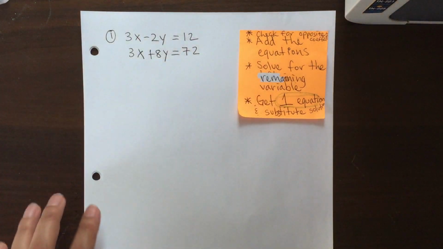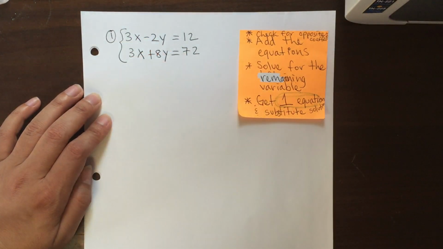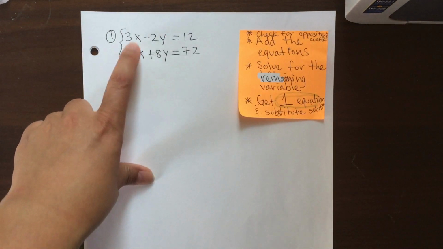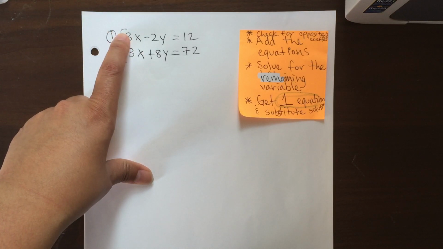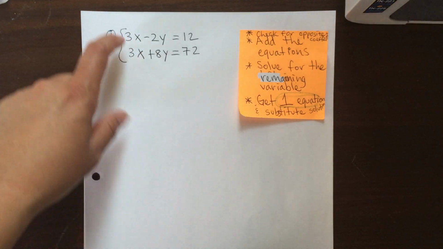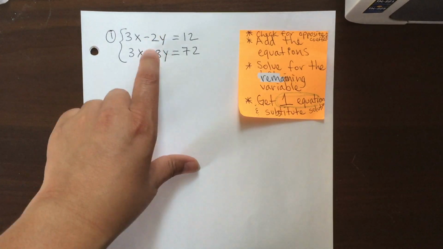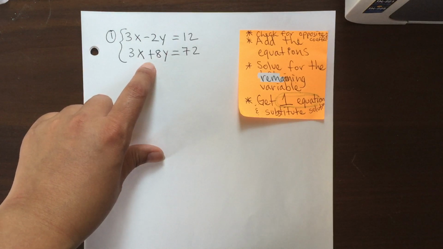So I have these two equations, this system of equations, and I say check for opposite coefficients. I look at x and both have +3, so those are not opposite. One has to be positive and one needs to be negative. I check for the other one, for y, and I notice that one has a negative and one has a positive.